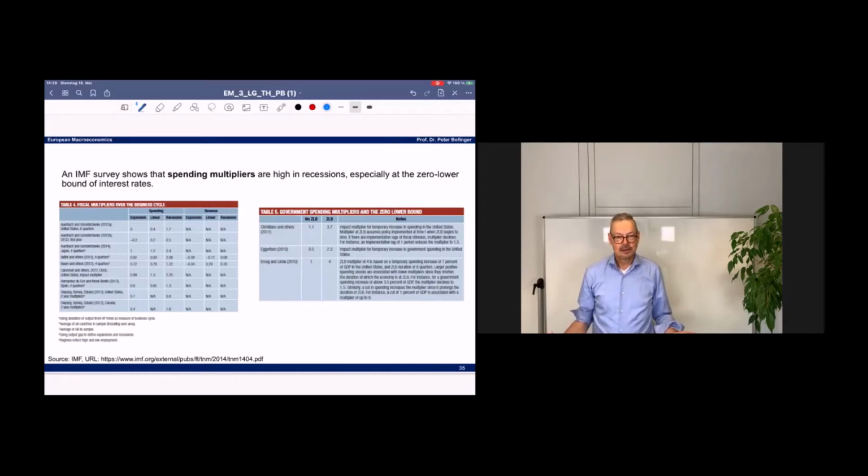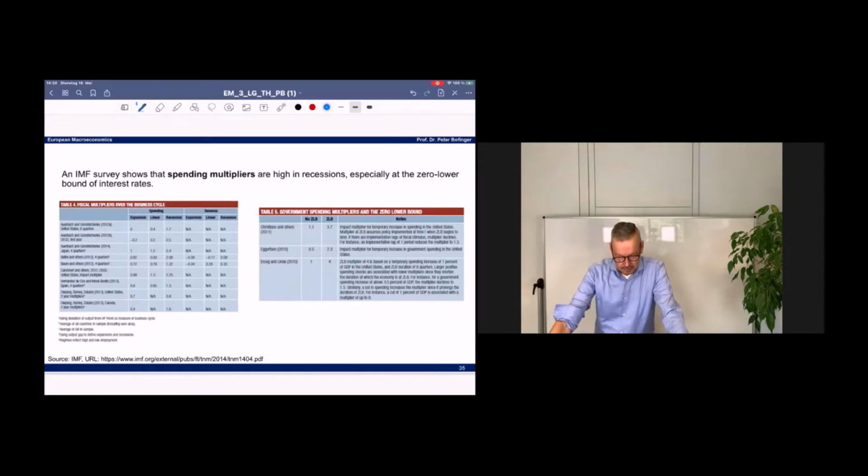Why? Well, if the economy is already overheated and the government spends more, it's very likely that the central bank becomes active. The central bank realizes, wow, now we have inflationary tendencies, and then the central bank very often increases interest rates. The higher rates, of course, have a negative impact on the economy, and so this diminishes the impact of fiscal policy and also the effect of the multiplier.